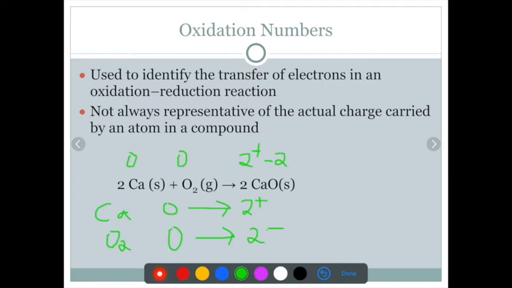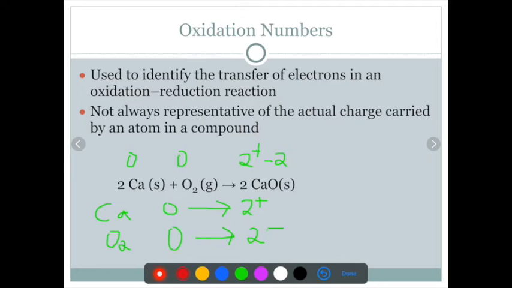And if my number goes to a more positive number, then I'm losing electrons, and so that's what was oxidized. So for example, calcium goes from a 0 to a +2. So my number's getting more positive.